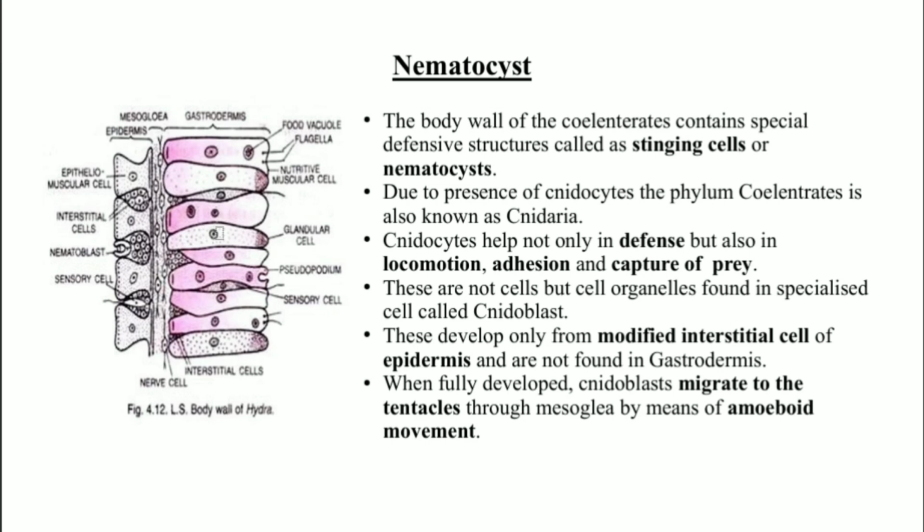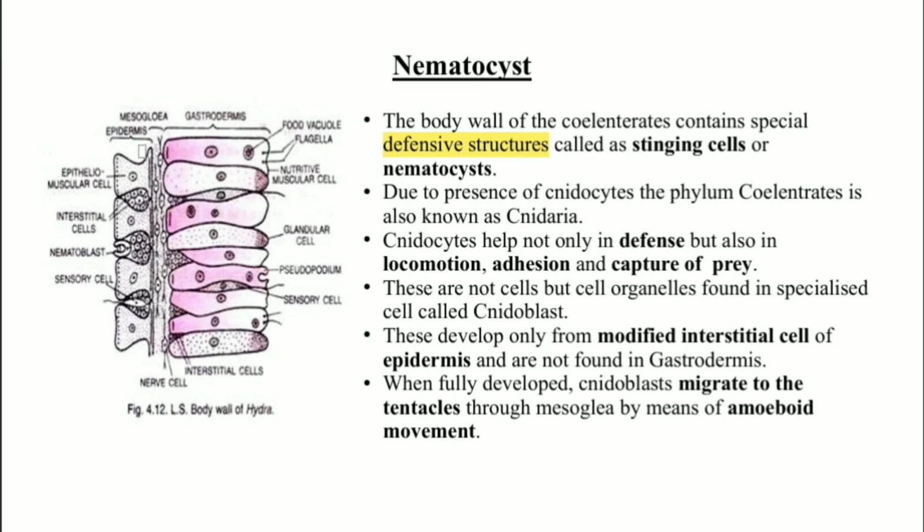First, we should know the concept of nematocyst and cnidoblast. So, nematocyst, this is the defensive structure which is present in the walls of the cnidarians. Now, in this diagram, we can see that this is epidermis layer, this is gastrodermis, and in between these two layers there is mesoglia.